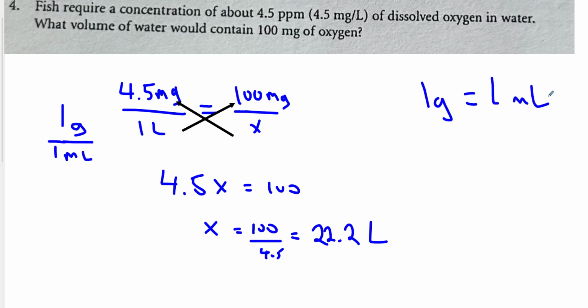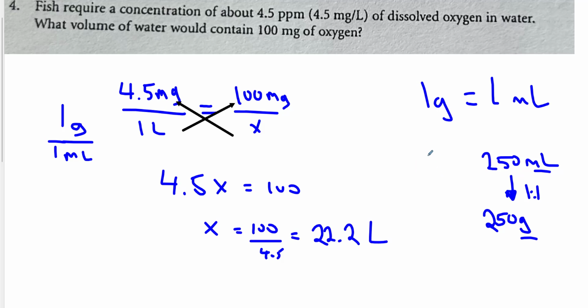So what I would do is, for example, if I said I had 250 mils of water, how many grams is that of water? 250 grams. It's a 1-to-1 ratio. You're just changing the units from milliliters to grams.